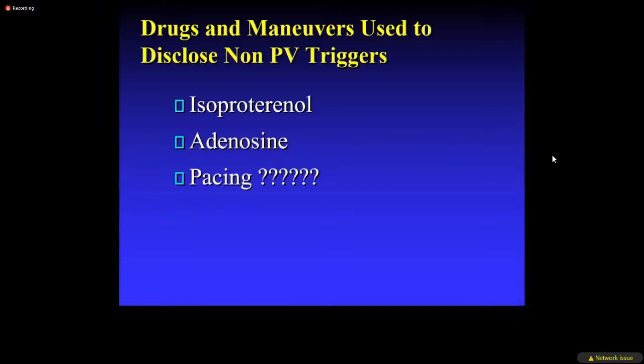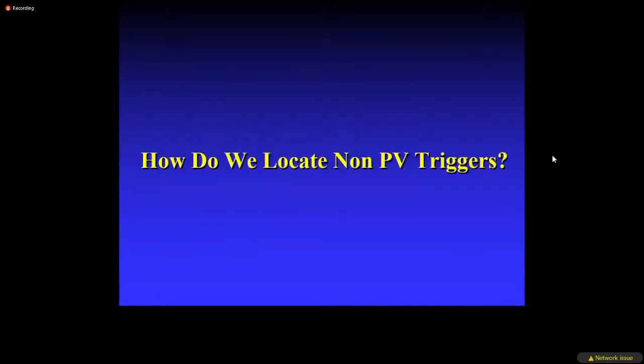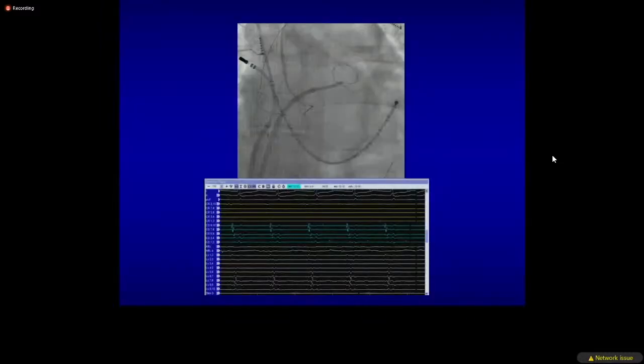As I mentioned, the way we do it with isoproterenol, we start at 20 mics for 10, 15 minutes. Don't do the ramp up, because the ramp up gives you less benefit. I mentioned how we locate.